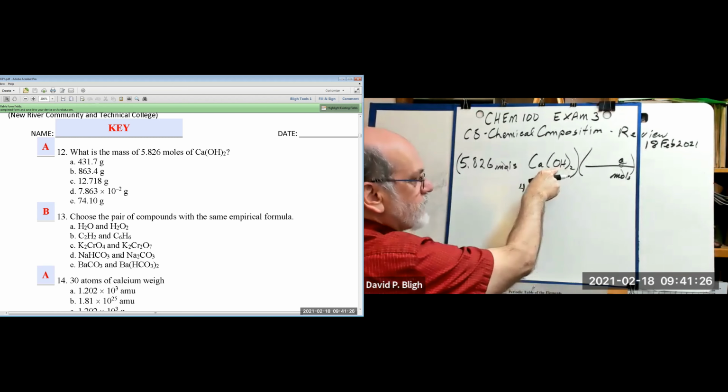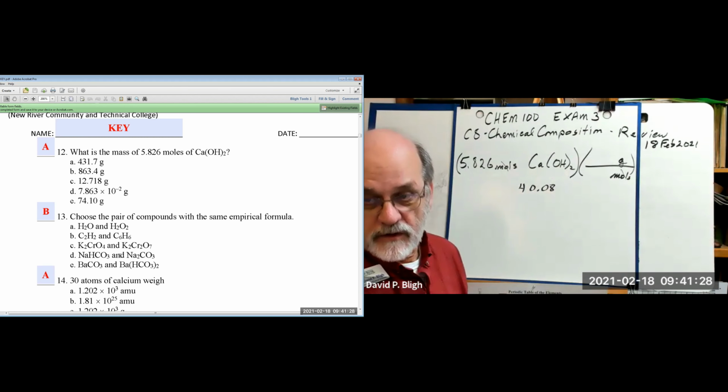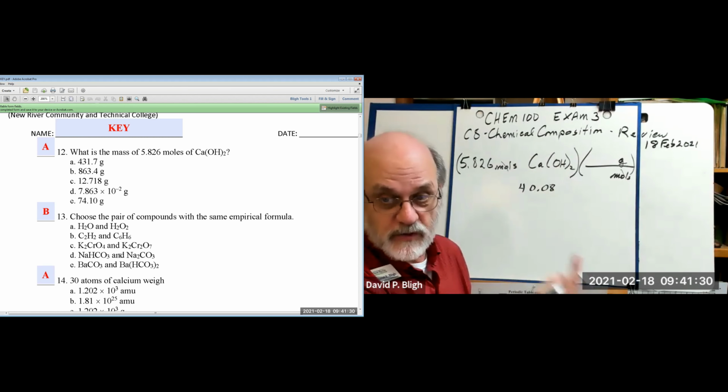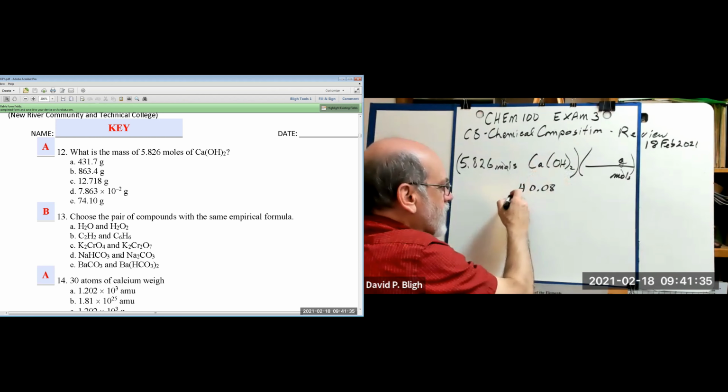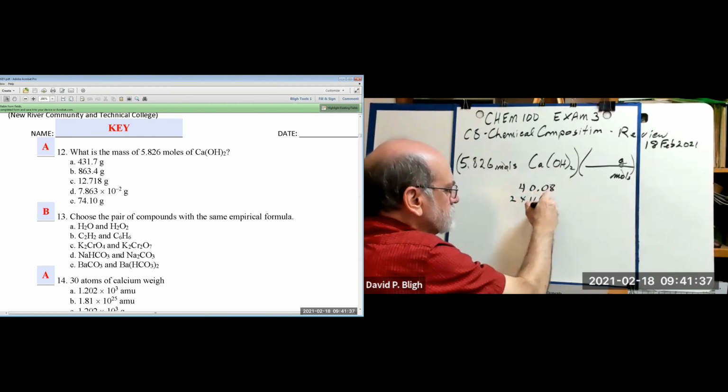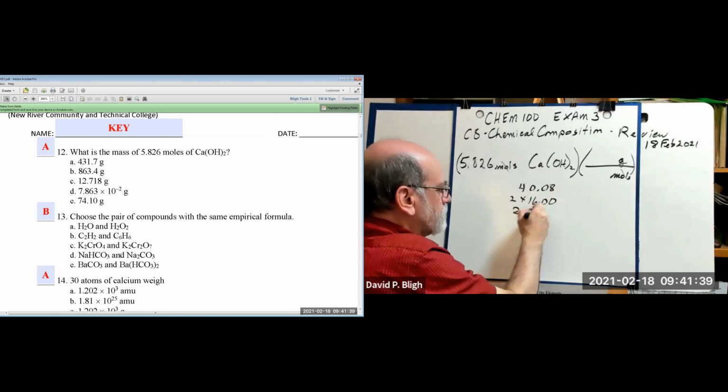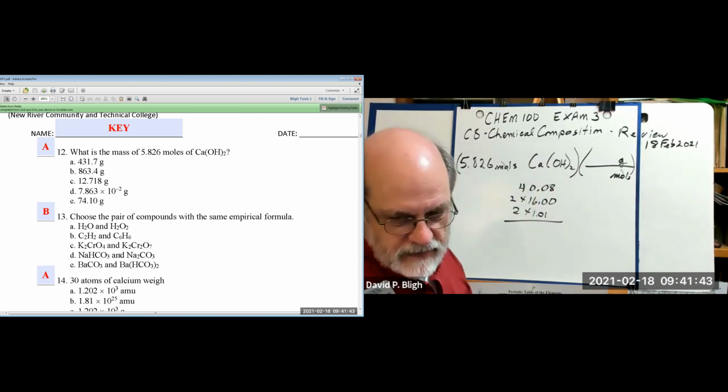And then we have 2 oxygens. That's the trick in this one. You've got to remember that the subscript has to be propagated through the parentheses. So you actually have 2 oxygens and 2 hydrogens to give you that total.